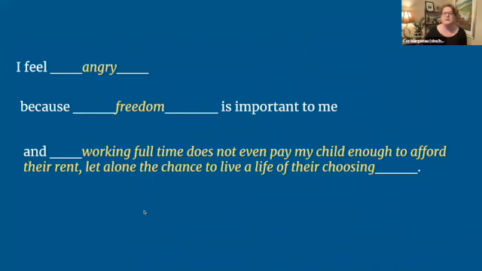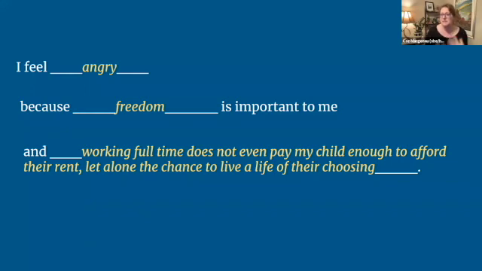All right. I like to do this quick little primer for myself when I hear about an issue, to walk through it. Take any issue. Let's go back to economic inequality. You can take any issue and ask, how does it make you feel? I feel angry. And why? Why is it making you feel angry? That's when you have to do that thinking. For me, it's because freedom is important to me.